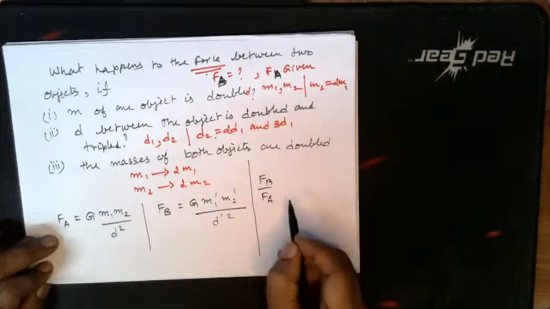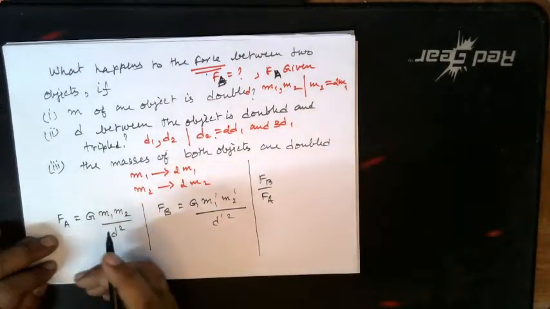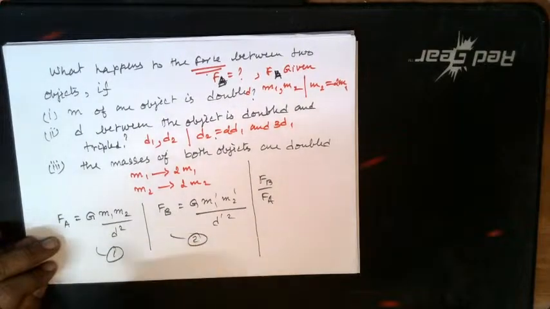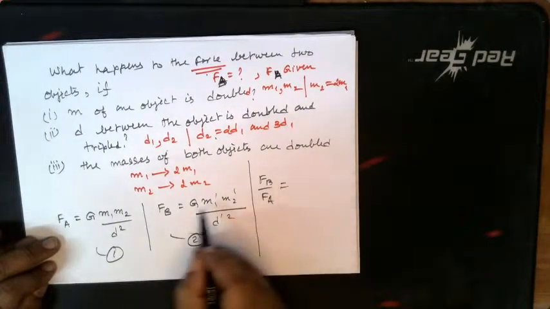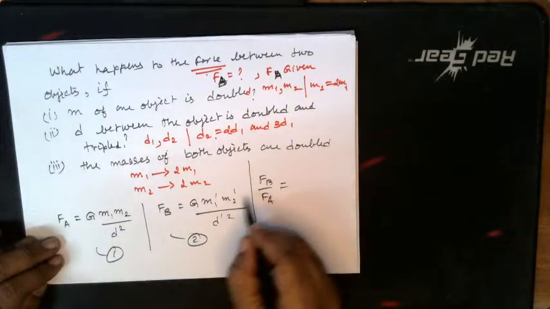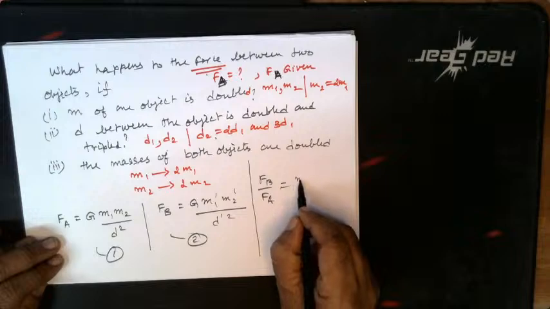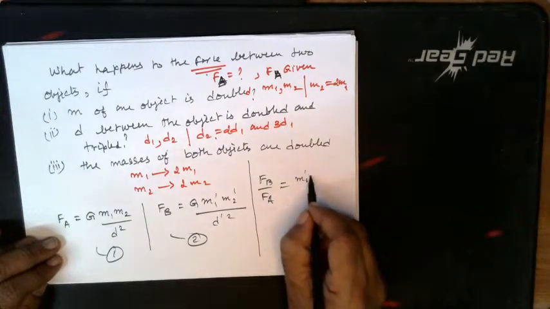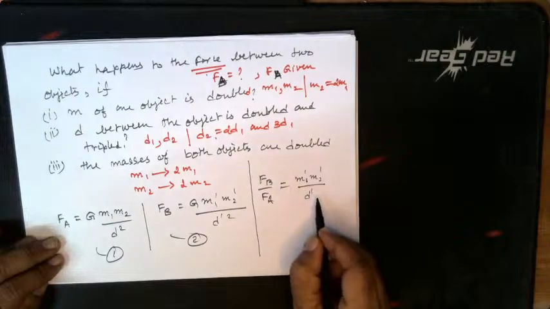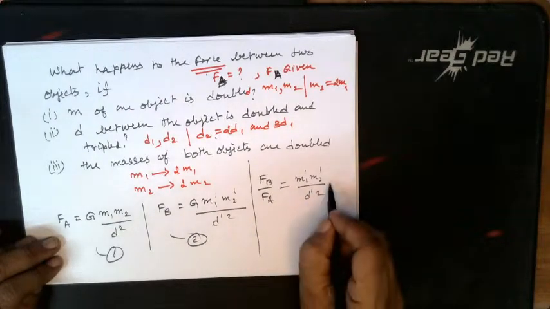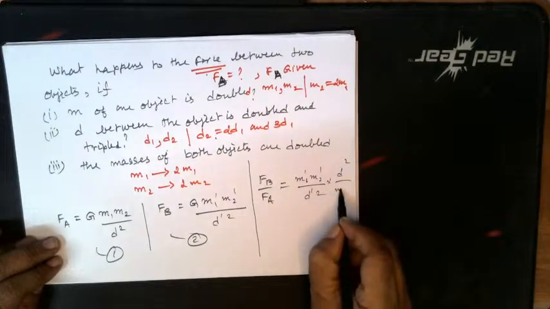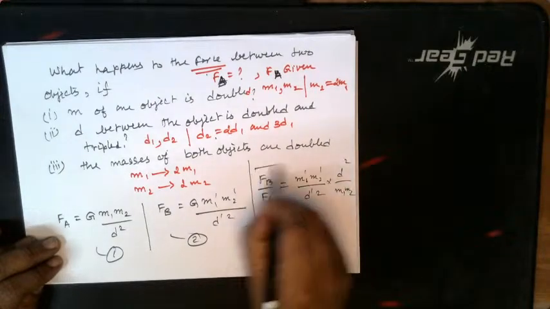Once we are able to arrive at this equation, we can simply substitute and get the answer. So this is equation 1, this is equation 2. So FB by FA means G cancelled, and now you have M1 dash M2 dash divided by D dash square into, it's reciprocated, D squared divided by M1 M2. So this is the overall equation.